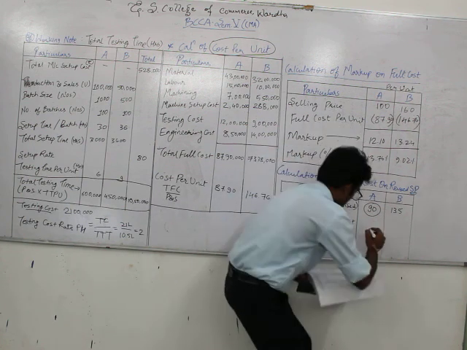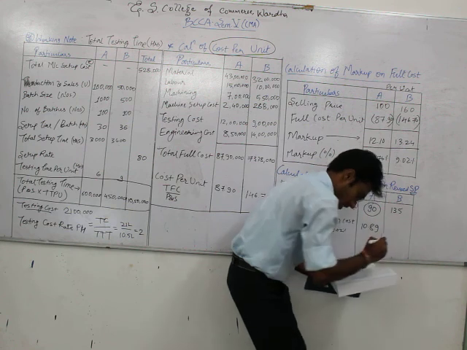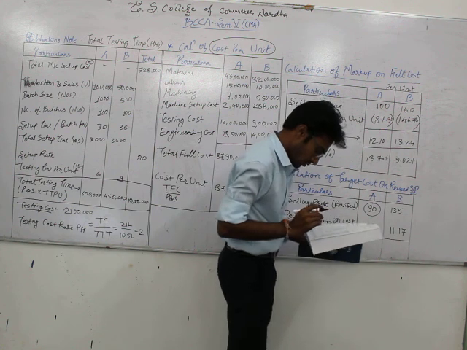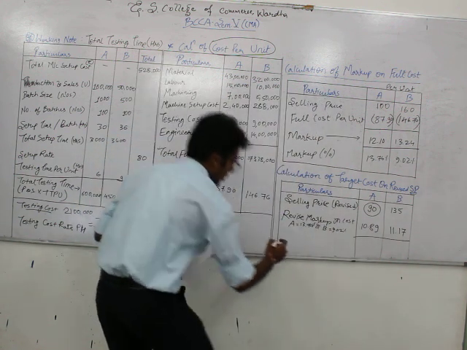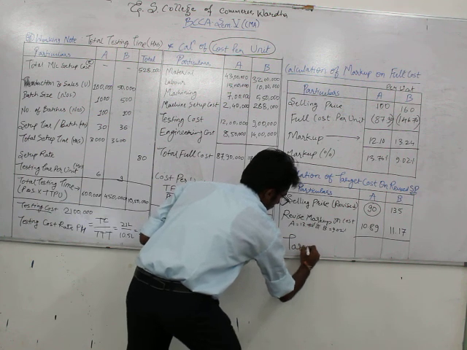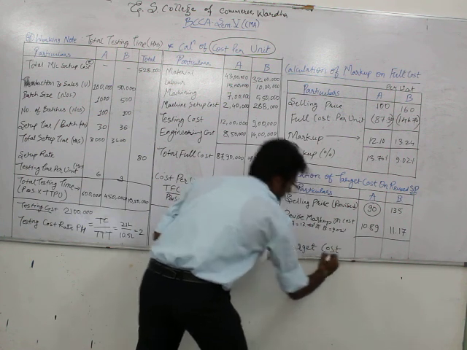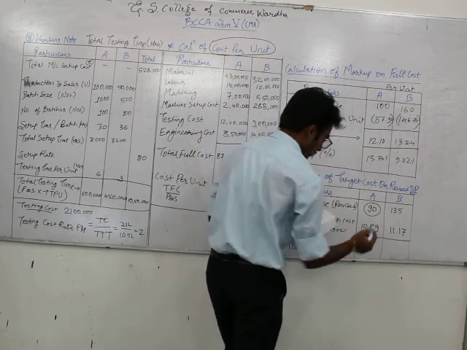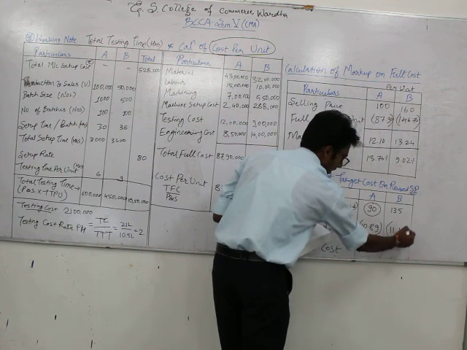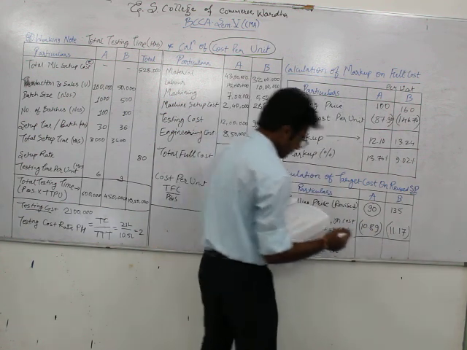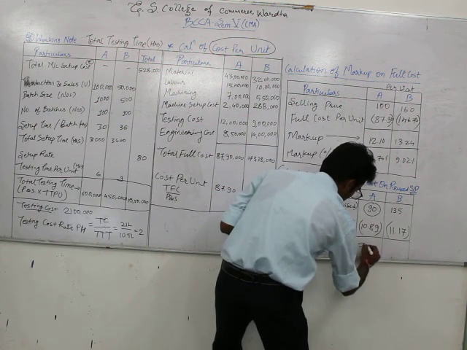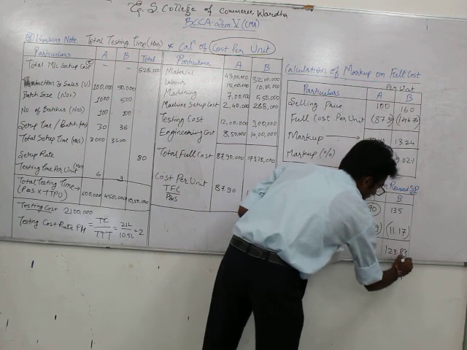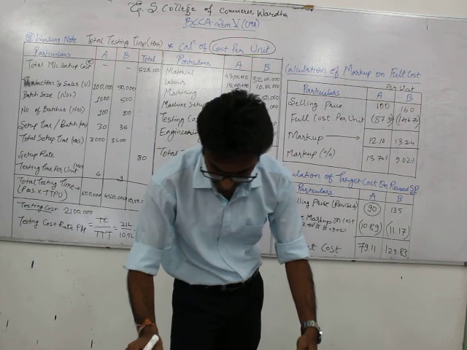So this will be 10.89 and 11.17, and this is how you will get your target cost. If you subtract, these are negative figures, we have to minus this from this, so you will get here 79.11 and 123.83. This is how you can calculate your target cost.